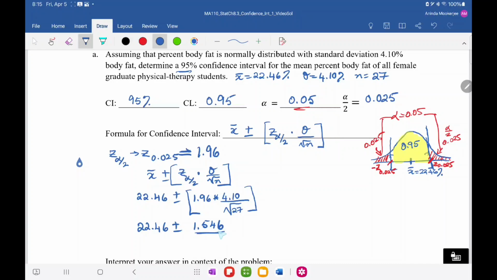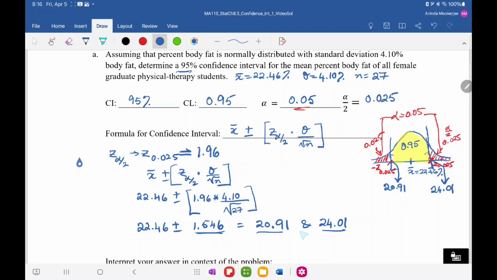Now, when you subtract and add 1.546 to 22.46, we will get values of 20.91 and 24.01. So these are the end points of our interval. So here, this end is 20.91 and the right-hand end of the interval is 24.01. Okay, so this is our interval.